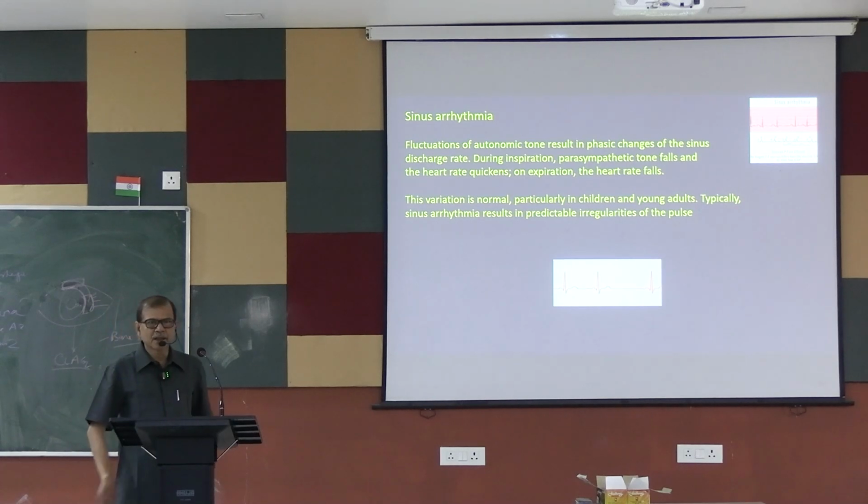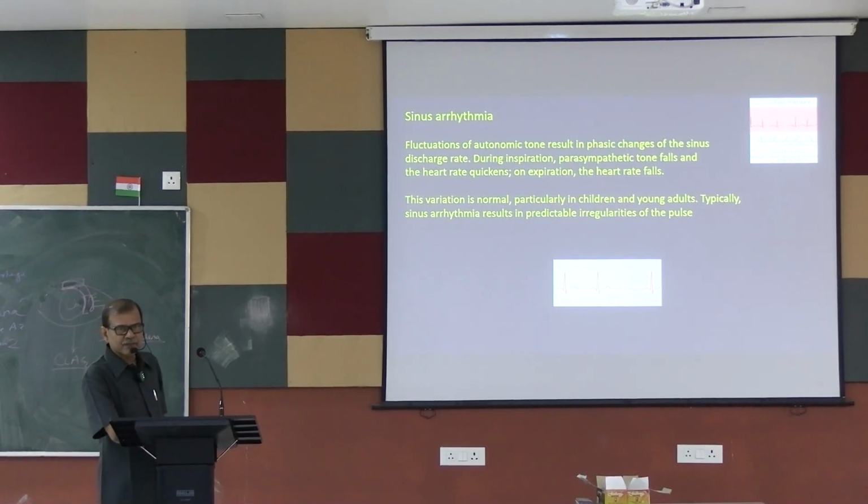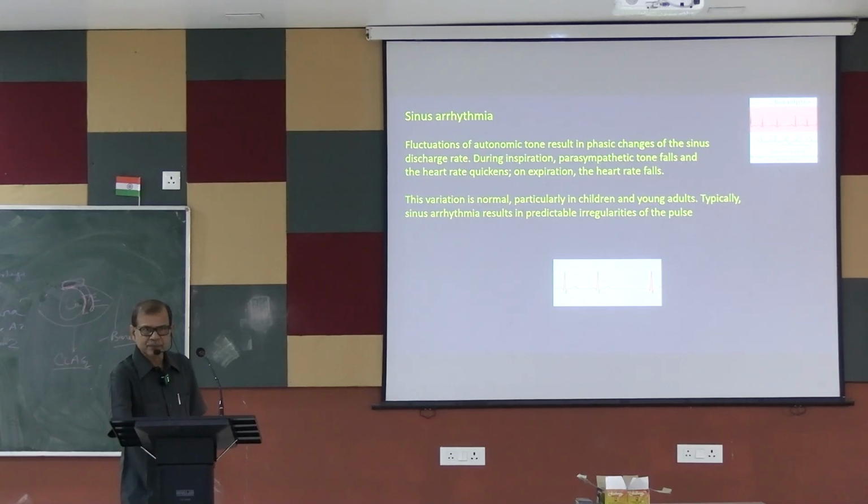Fluctuation in the parasympathetic tone produces a phasic variation in the heart rate related to respiration. In inspiration, parasympathetic or vagal tone is suppressed, producing an increase in heart rate.